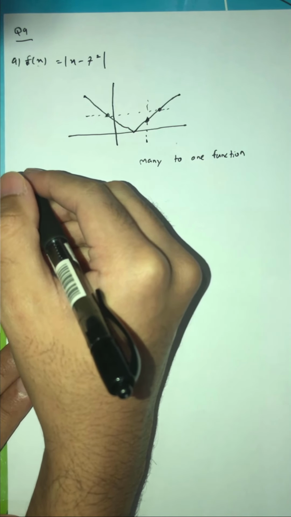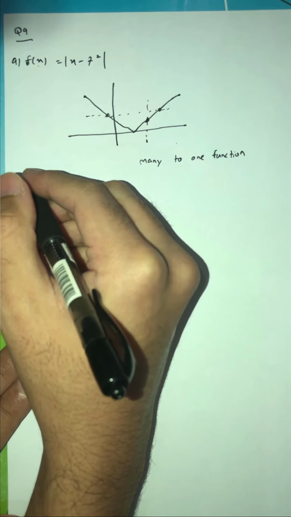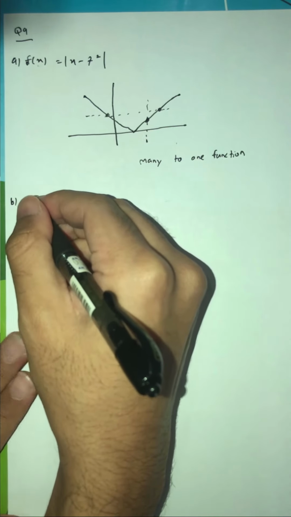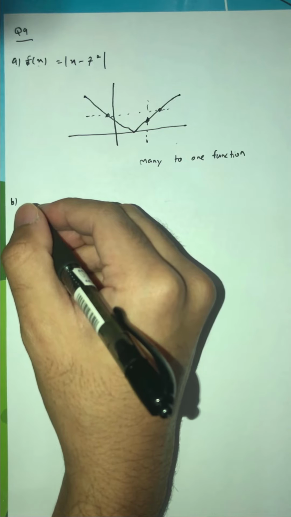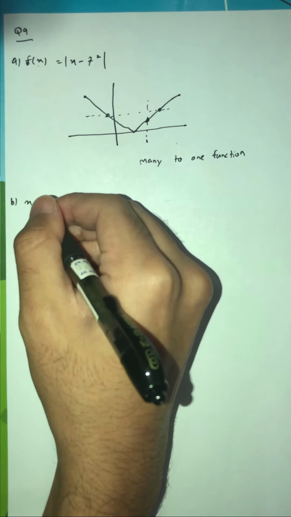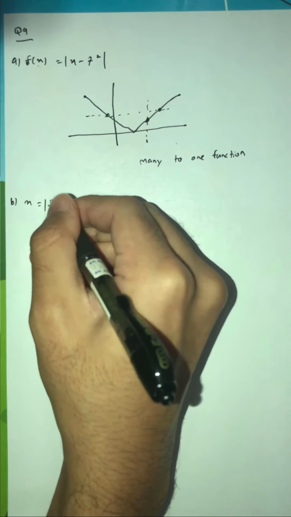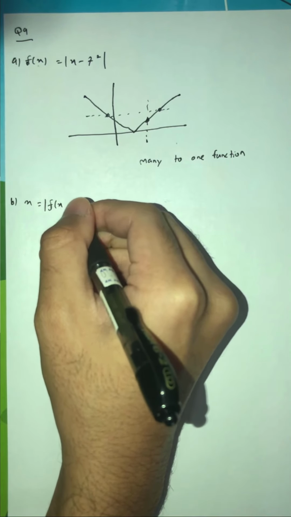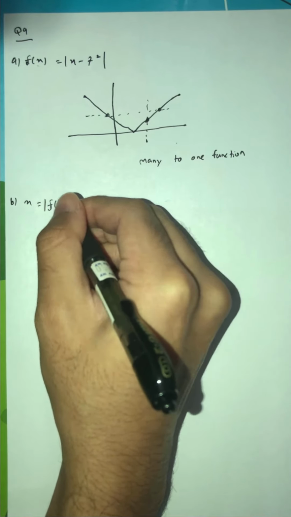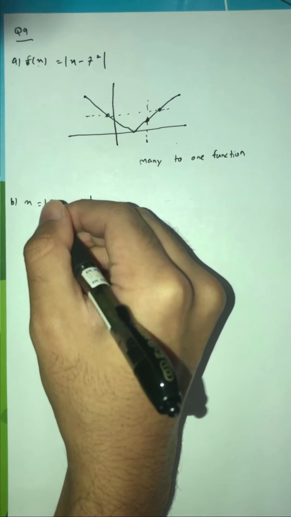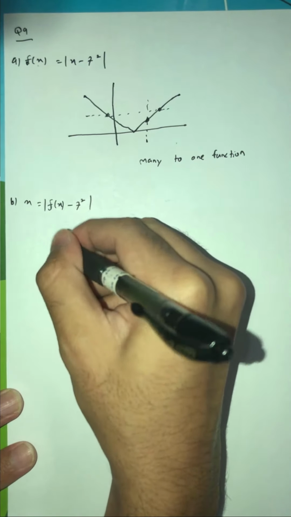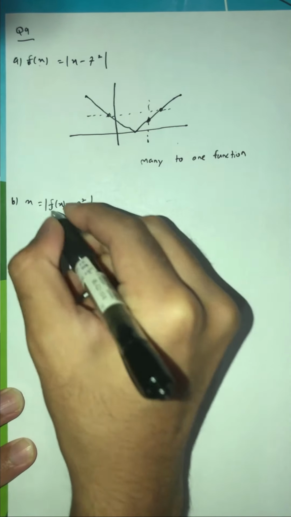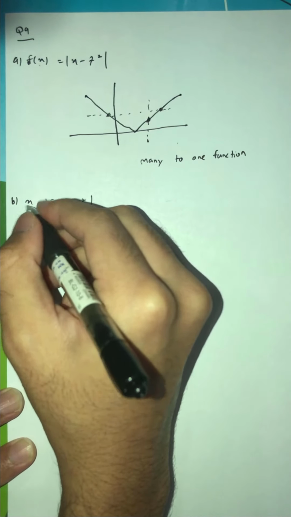Okay, now let's see part B. Part B, we have x equal to (f(x) minus 7) squared. So f(x) is here, so you draw similarly, but the graph will also be inverted since x is the subject here.